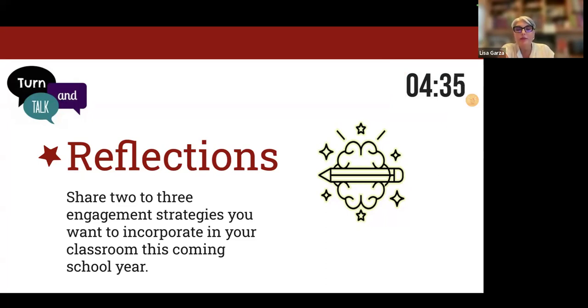So take 2 minutes right now to reflect silently. All right, go ahead and turn and talk and share with your partner what strategies you want to try this coming year in your classroom.